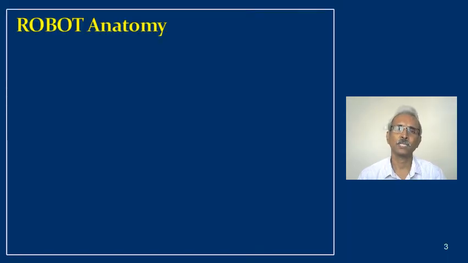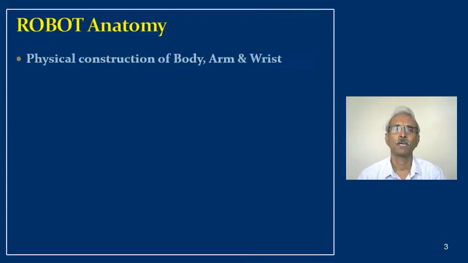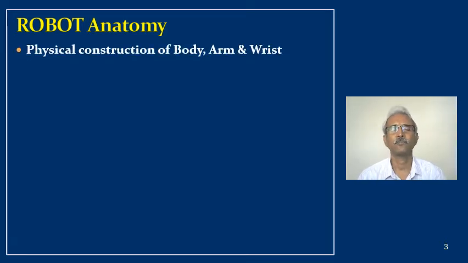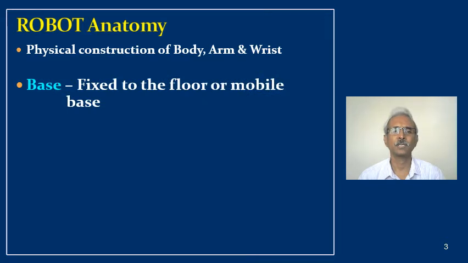So let's see what is the anatomy of an industrial robot. The physical construction of the body, arm and the wrist together is called the robot's anatomy. So the first is the base, which is fixed to the floor or a mobile base.